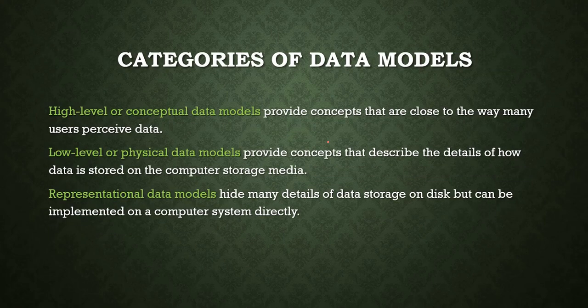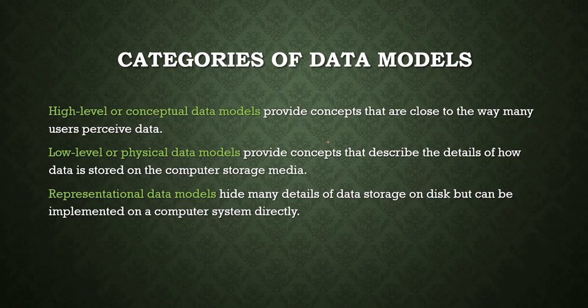And the categories of data models. As we understand more about data models in our ensuing classes, here is the classification of the data models. We have three categories of data models: high level or conceptual data models, low level or physical data models, and representational data models. So high level or conceptual data models provide concepts that are close to the way many users perceive data.